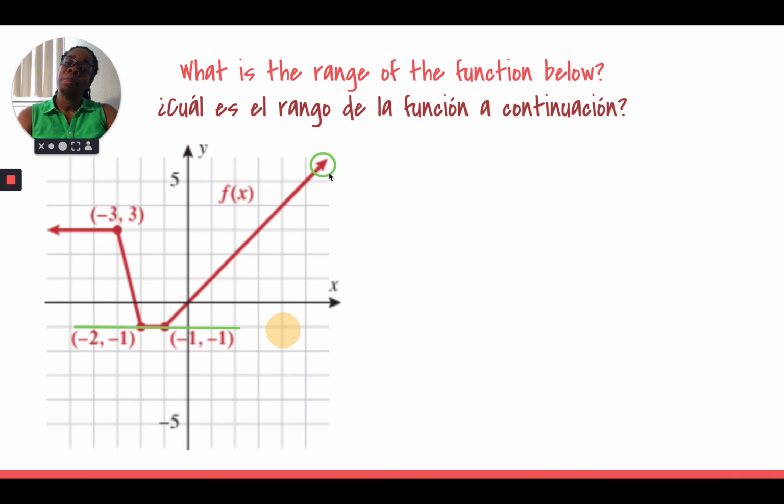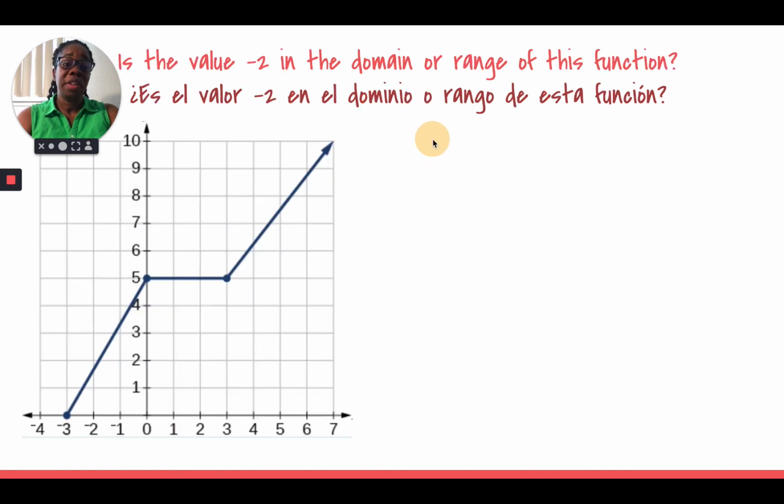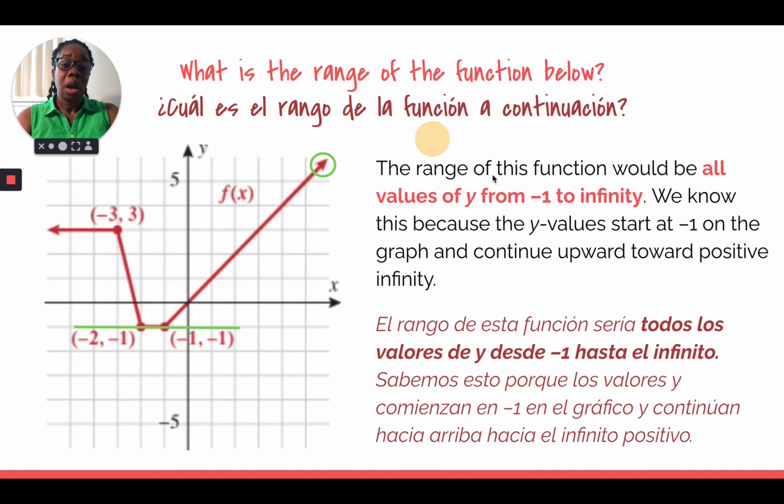But the arrow up top is telling us that it's going to extend indefinitely in the positive direction. So the range of this function would be all values of y from -1 to infinity. So it's starting at -1 on the graph, and because of the arrow, it tells us it's going to continue towards infinity, so it's continuing upward.